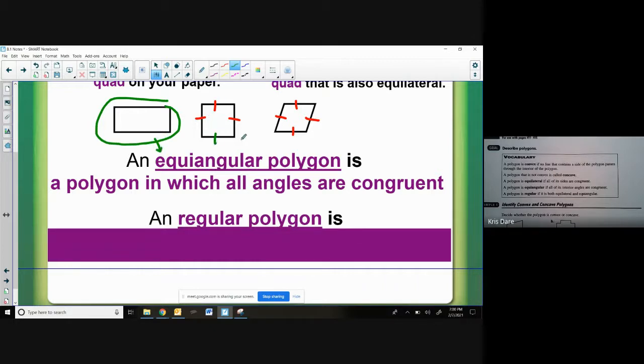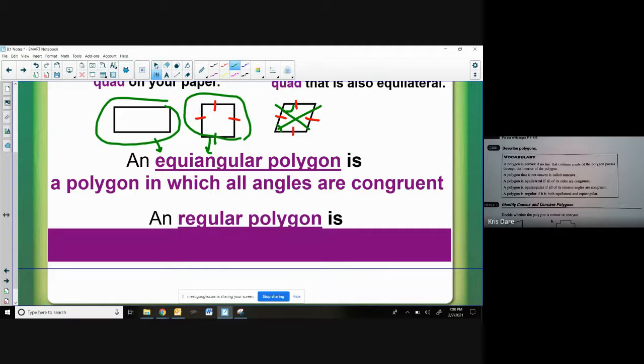Is a square equiangular? Are all 4 of its angles the same as each other? Yes, it is. It is equiangular because all the angles are right angles. What about a rhombus? Is it equiangular? Is this angle the same size as this one? No, this one's obtuse, this one's acute. So it is not equiangular.